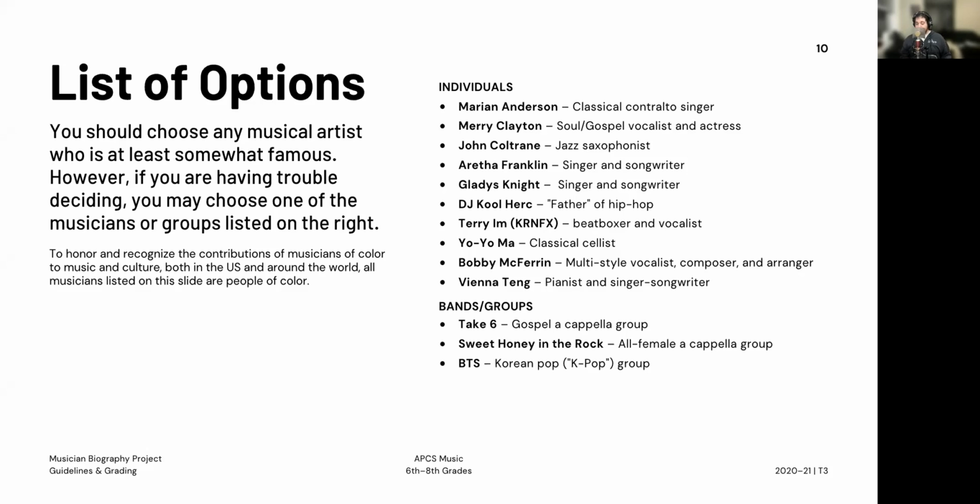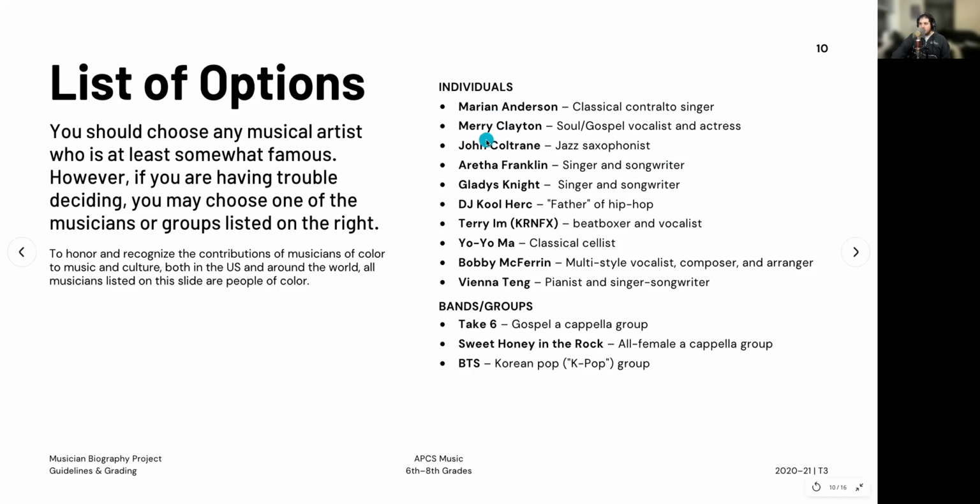With that said, you can still do your project on anyone. It doesn't have to be somebody on this slide, but I compiled this list of great musicians and great groups who all happen to be people of color.